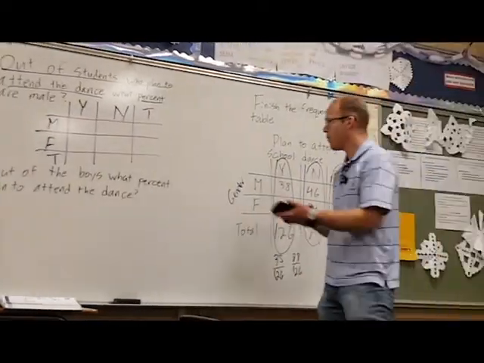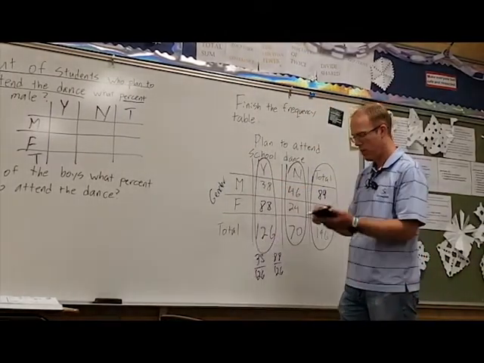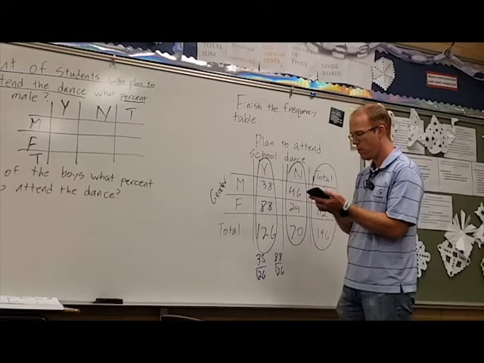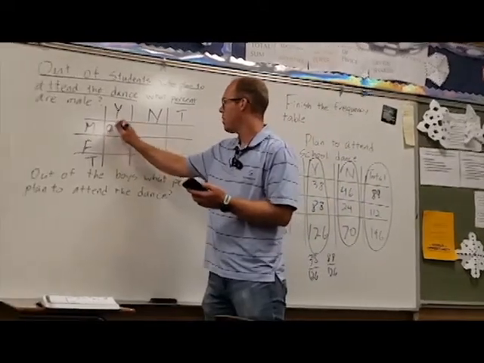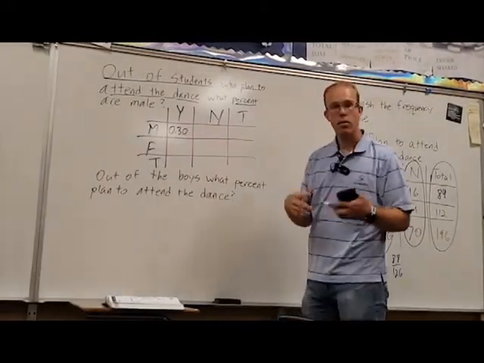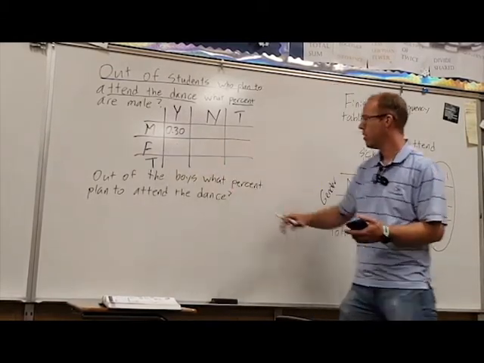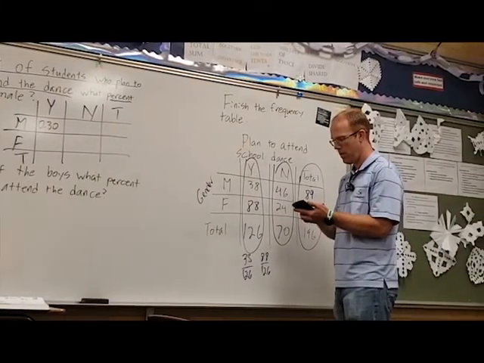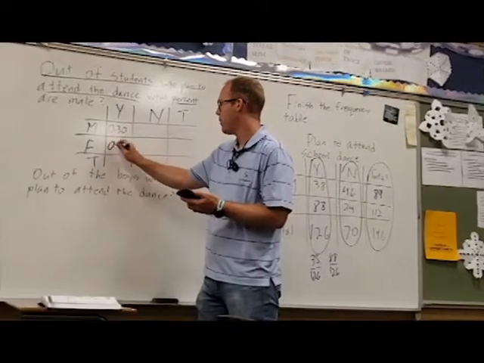We're going to go ahead and calculate that. So our first one is going to be 38 divided by 126, and that's going to go in this box right here. So 38 divided by 126 gives us 0.30. Again, remember that we can write that as a decimal or a percent. So the next box right here is going to be 88 divided by 126, which is 0.70.